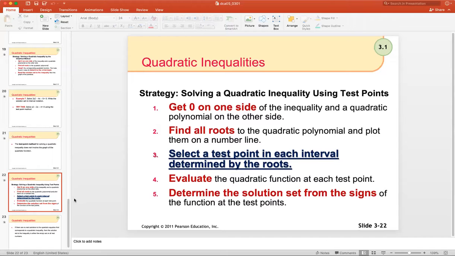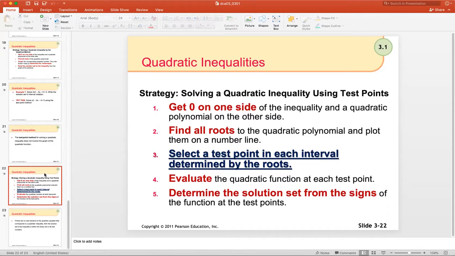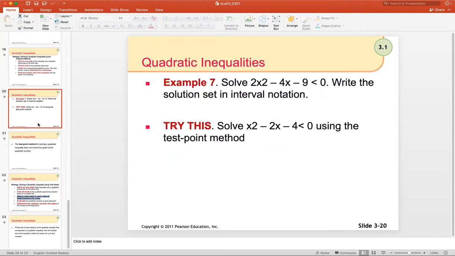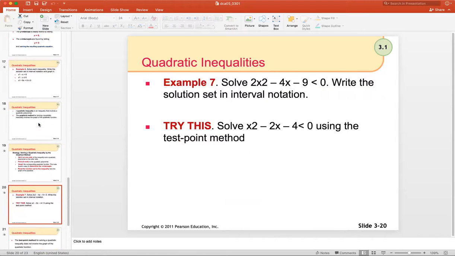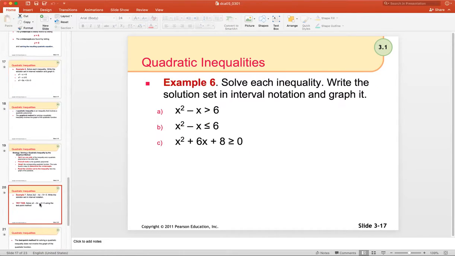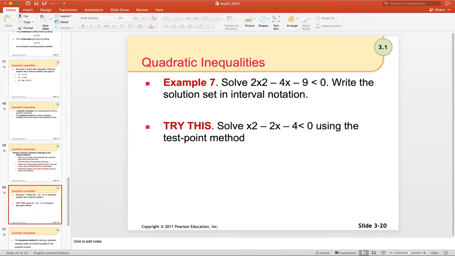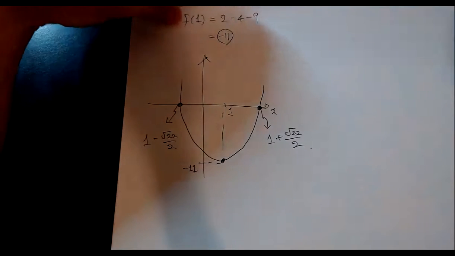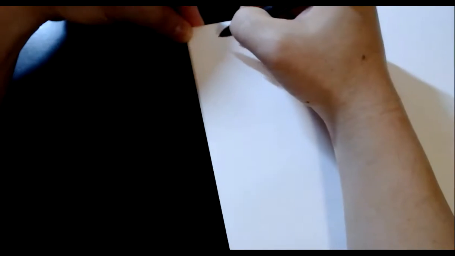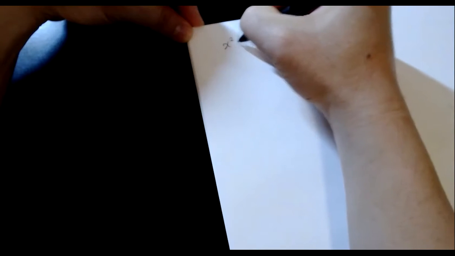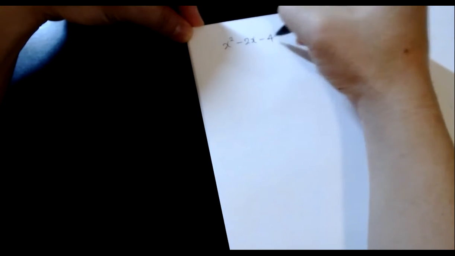Let me explain this by solving a problem. So let's think about this: x squared minus 2x minus 4 is less than 0.